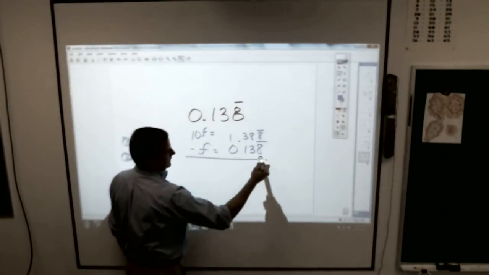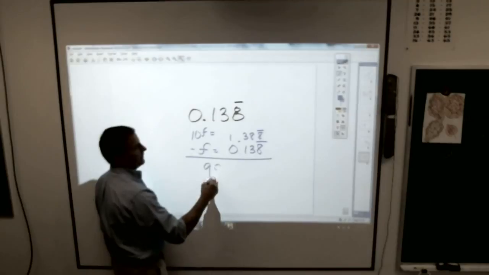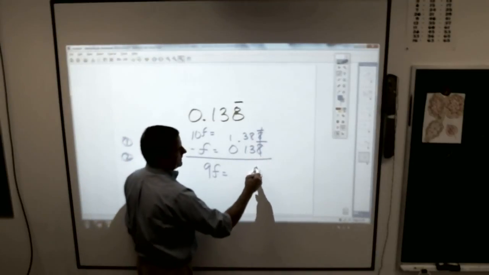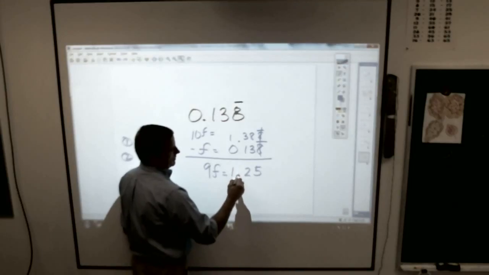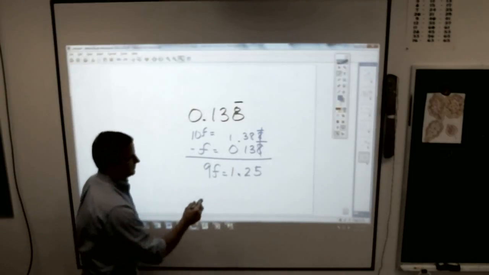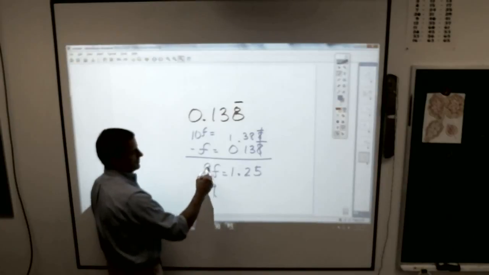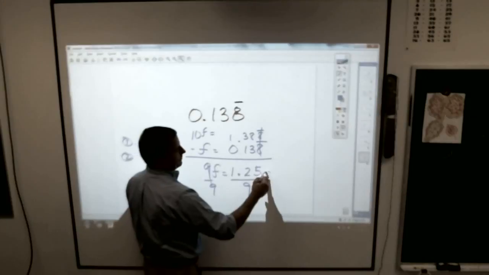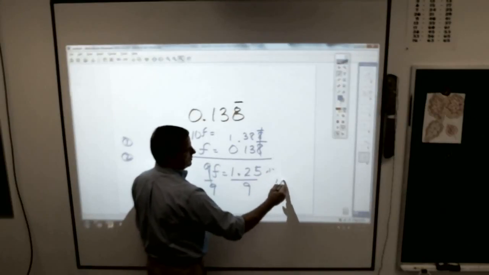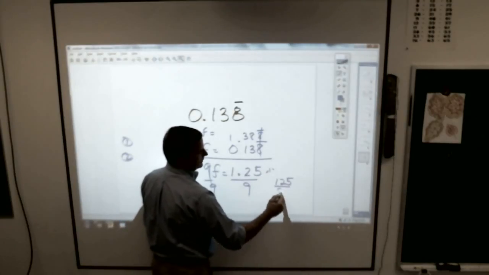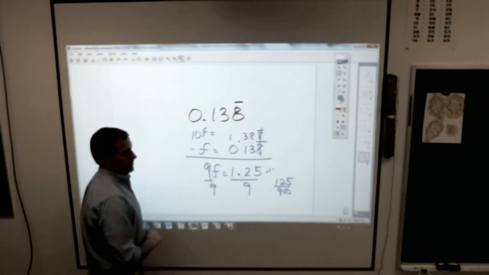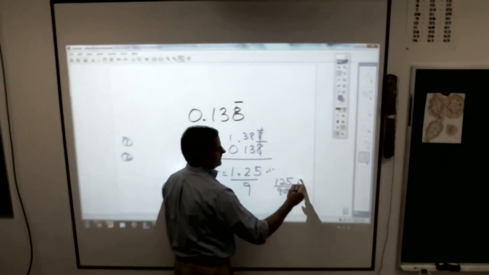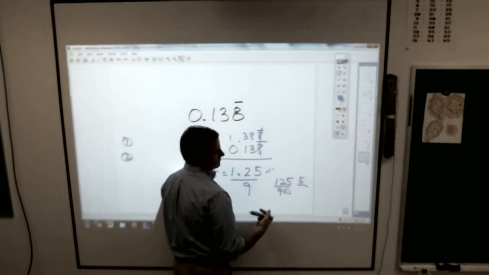So you're subtracting. 9f equals, repeaters go away, 5 is here, 2 is here. I might be with Brianna on this one here. Yes. I counted. Divide by 9, multiply top and bottom by 100 to get rid of the decimal. 125/900. 25 goes into that top number 5 times, into the bottom number, 36.